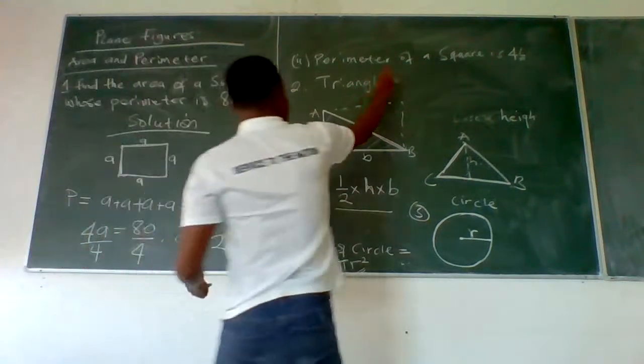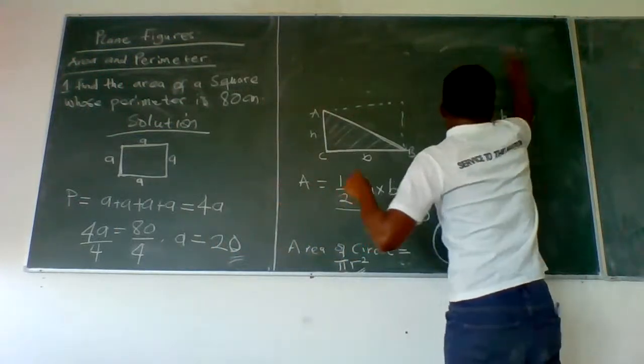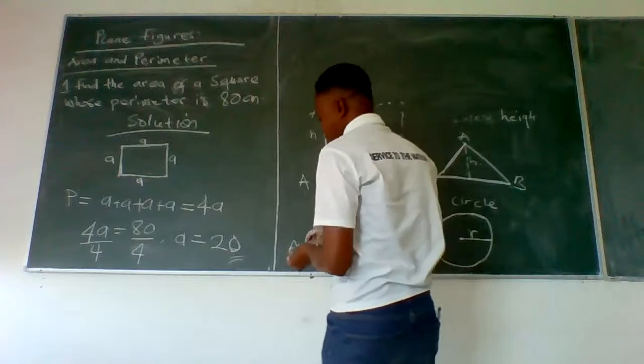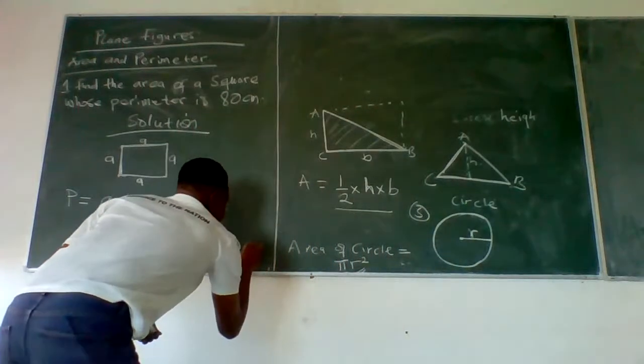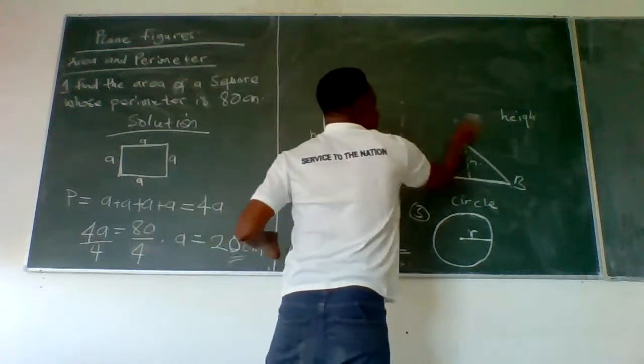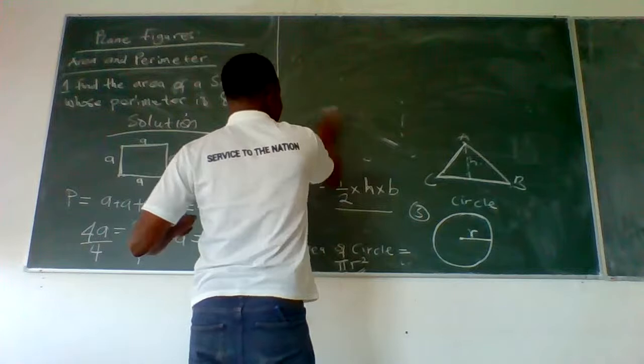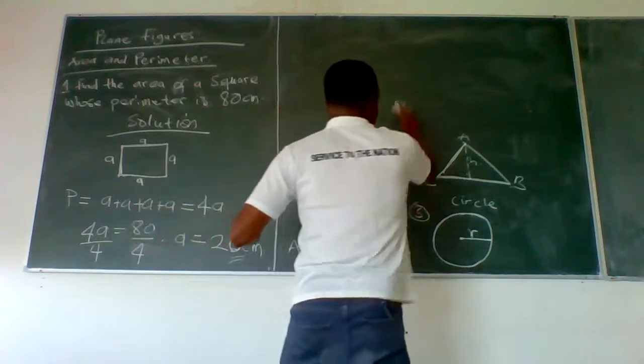But we know that a square has equal sides. So all the sides are 20 centimeters. The unit is very important. Okay, so now we know the length, then you can go ahead and find the area.